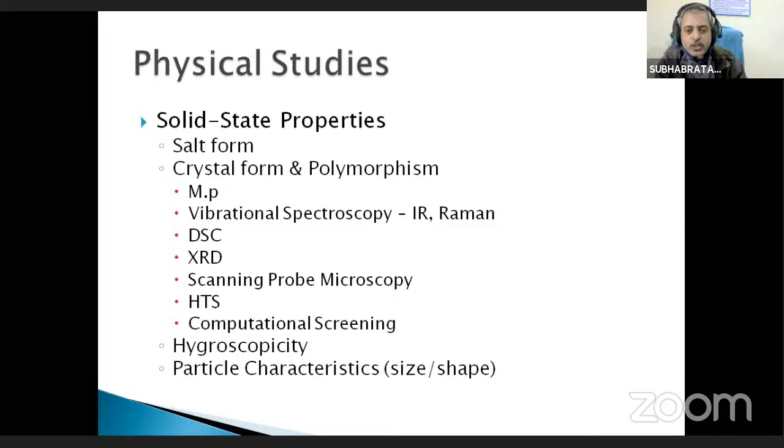So salt selection is quite important, and it's a tedious job to finally find out which salt has all the desired properties, such as solubility, the nature of hygroscopicity, and the propensity to undergo degradation, hydrolysis, oxidation, etc. So a salt which has the least of these and maximum solubility will be logically selected, if no other aspects are there.